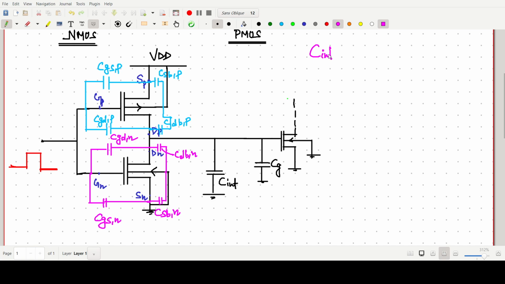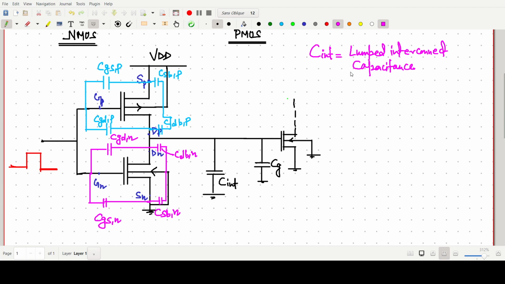CINT is the lumped interconnect capacitance between the cascaded inverters, or an amplifier stage.